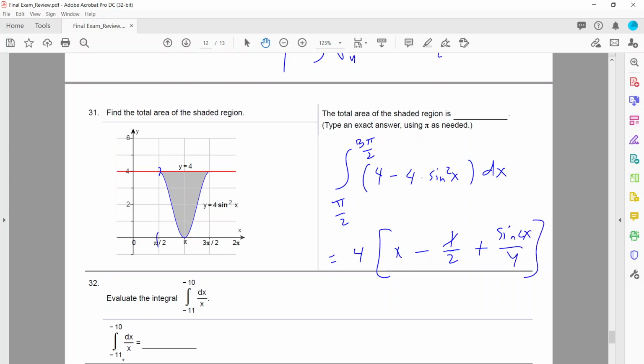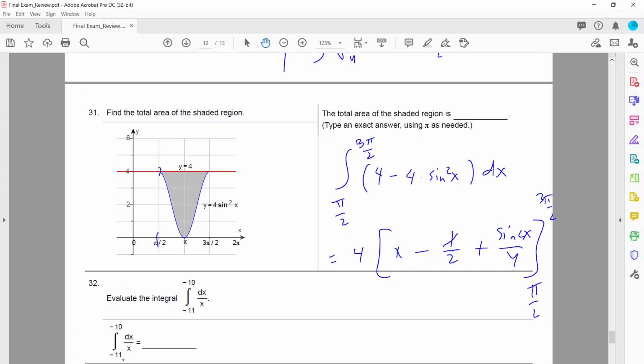And you have to use this limit of integration pi over 2 and 3 pi over 2. If you put pi over 2 or 3 pi over 2 into the sine term, it will always be 0, because 2 times 3 pi over 2 is 3 pi, and 2 times pi over 2 is pi, so that will be just 0 all the time.